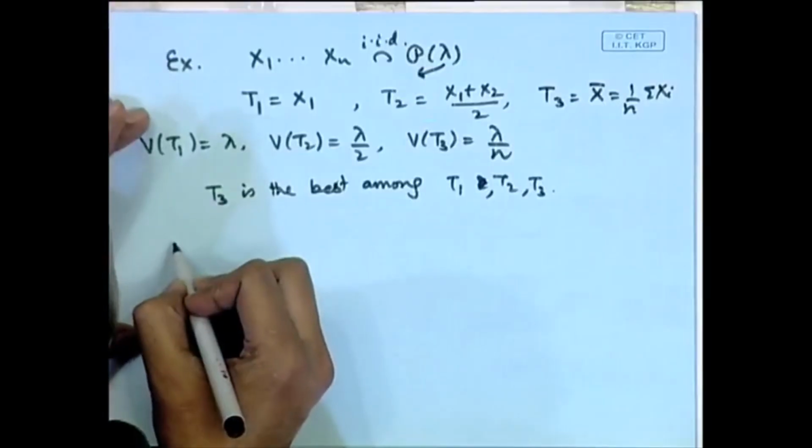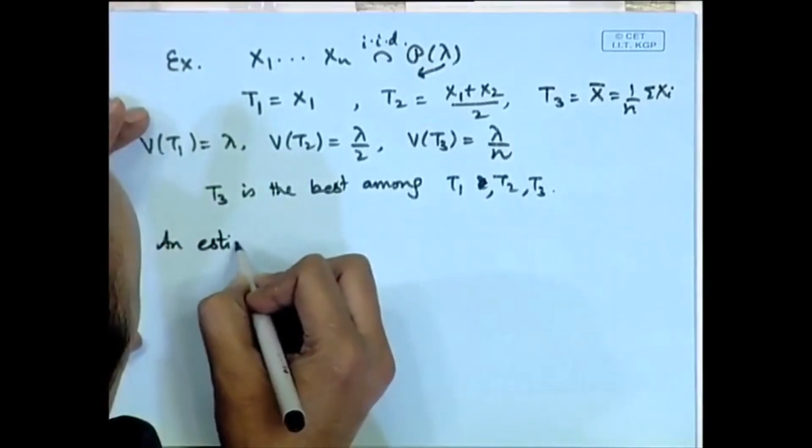So, this gives a procedure for checking which estimators are better. Now, among the unbiased estimators, the one which has the smallest variance we call the minimum variance unbiased estimator.